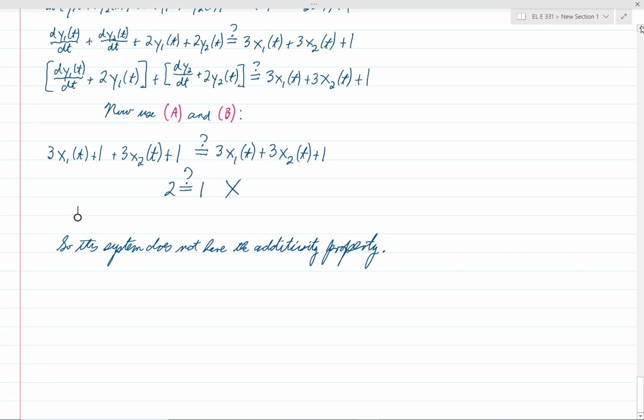And those two properties are the scaling property and the additivity property. A system must have those two properties to be linear, otherwise it is not a linear system. So that's it for lecture 6, and good luck.